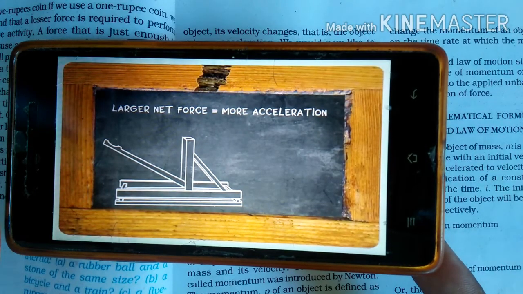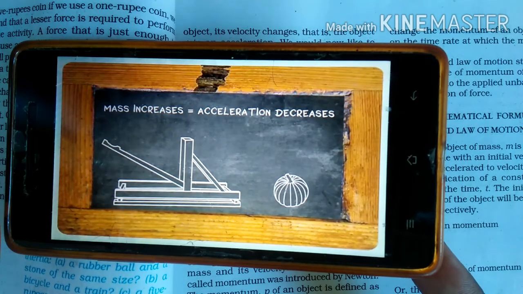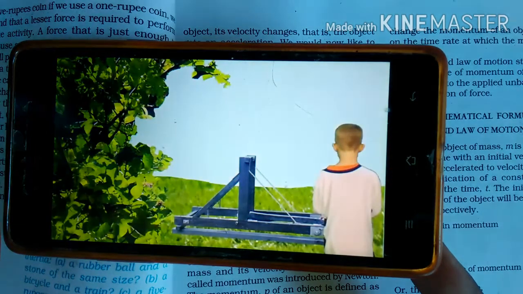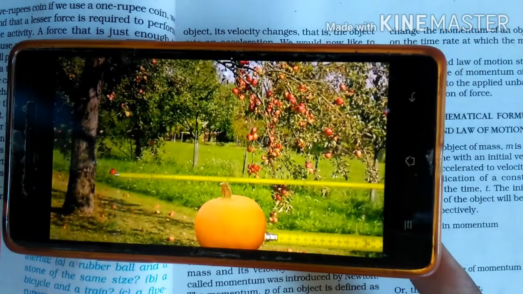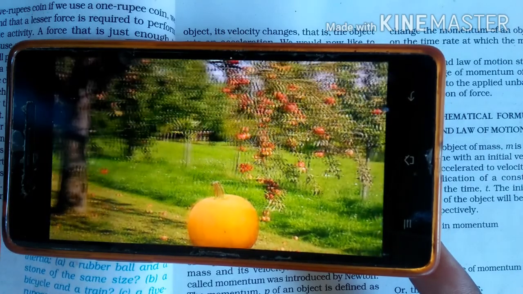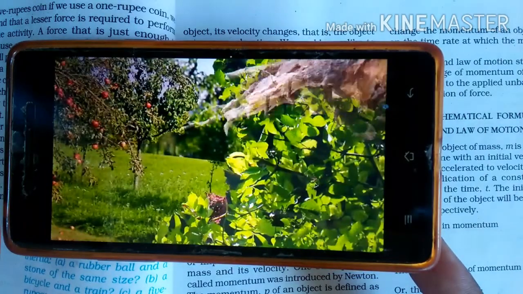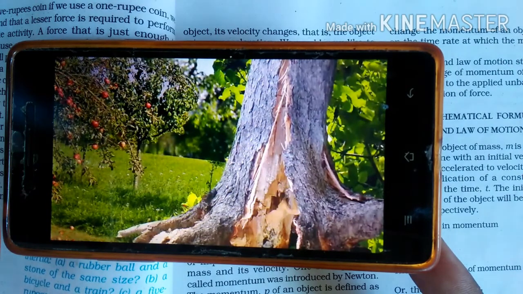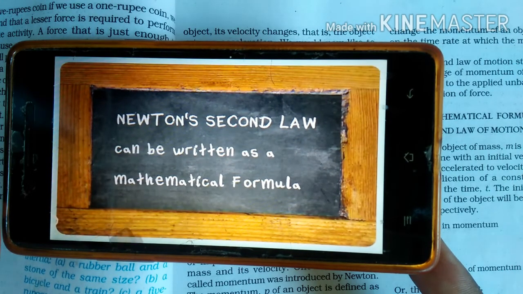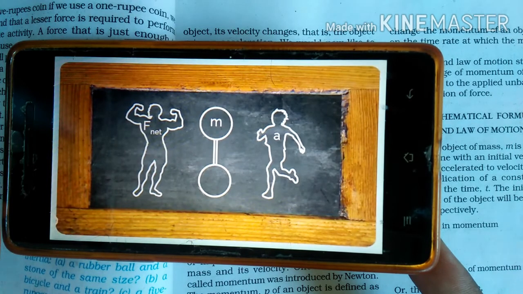Much, much farther. The other part of Newton's second law, as the object's mass increases, its acceleration decreases, can be demonstrated in the same way. Using the same catapult, your brother can send a giant pumpkin flying a much shorter distance than a tiny apple. The pumpkin has a greater mass, so the acceleration is smaller. The catapult could send an apple tree even less far. The larger the mass, the smaller the acceleration. Unlike your brother's rather unscientific demonstration, Newton's law can be written as a mathematical formula, combining the effects of net force, mass, and acceleration.